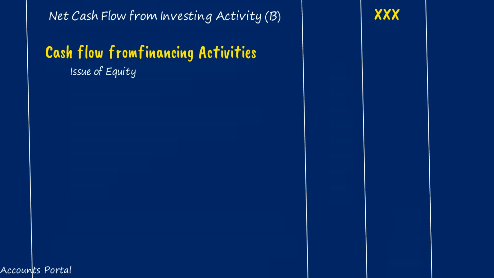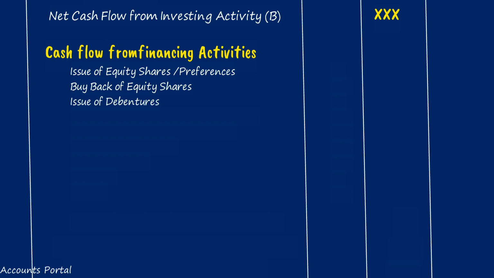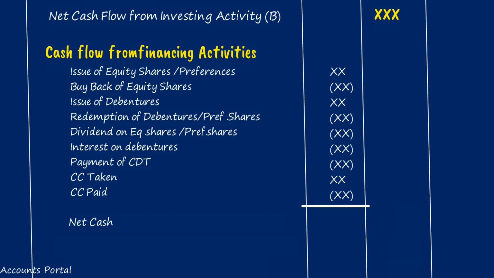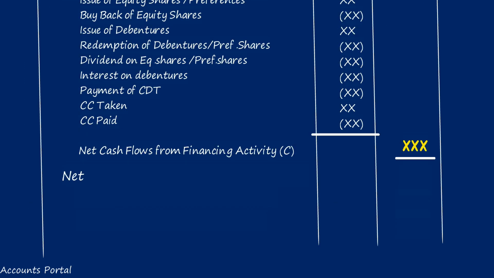Below that, write issue of equity or preference shares inflow, buyback of equity shares outflow, issue of debentures inflow, redemption of debentures or preference shares outflow, dividend on equity or preference shares outflow, interest on debentures outflow, payment of corporate dividend tax outflow, cash credit taken inflow, cash credit paid outflow. You get net cash flow from financing activity, written in bracket C.